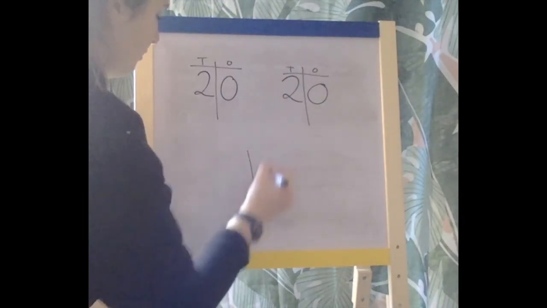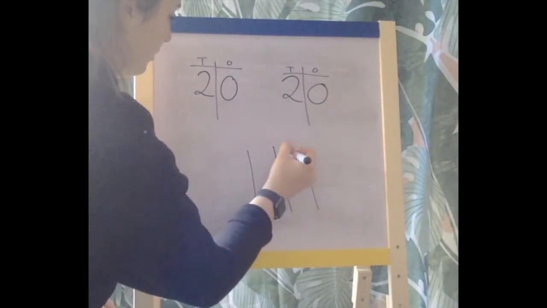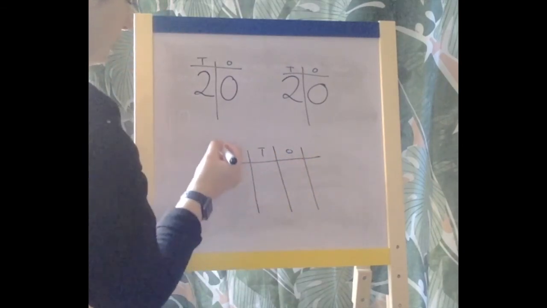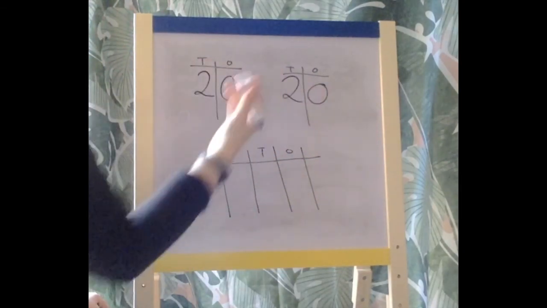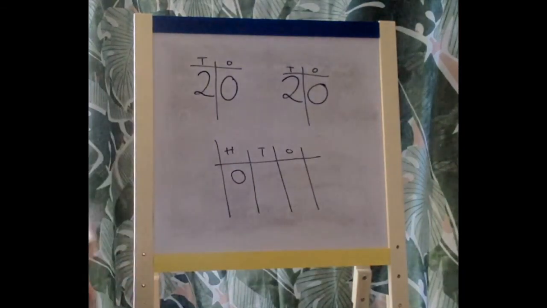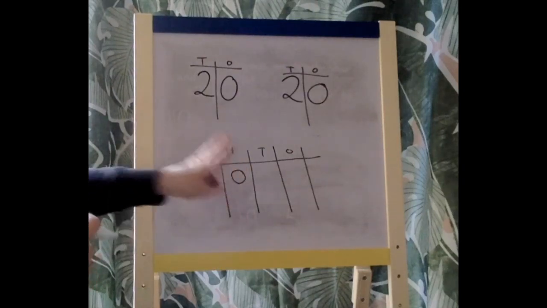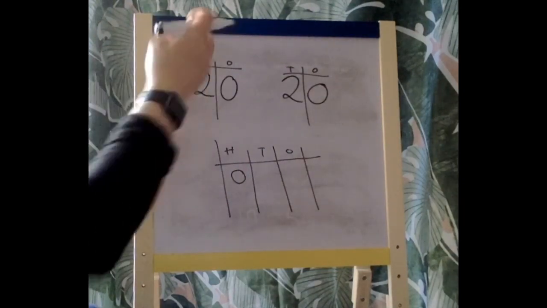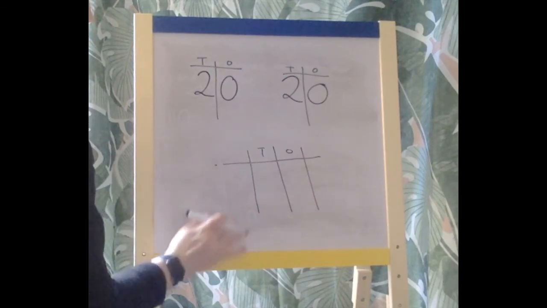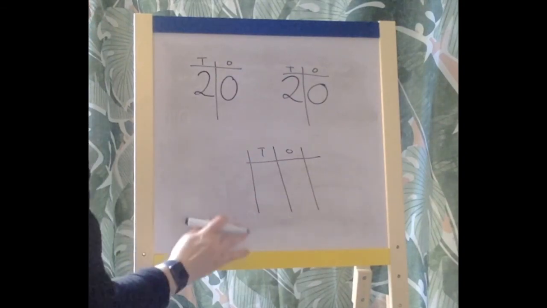So if I was to do another little chart down here, we've got nothing in the hundreds, so we leave that blank, or you can write a 0. I sometimes write a 0 just to remind me that there is a number there, but it's 0. Okay, but we'll leave that blank for now. We don't really need this column. We don't want to confuse ourselves.